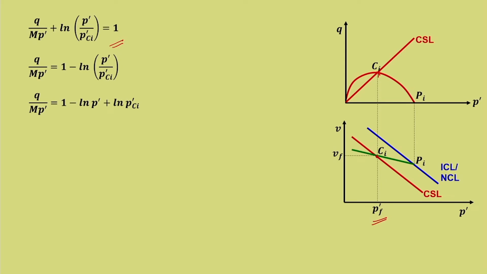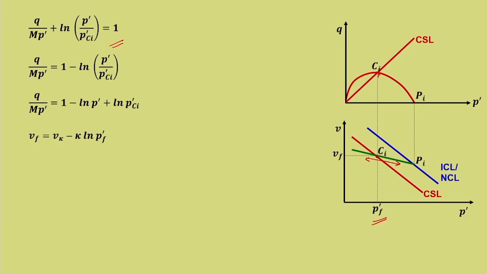It also means it is p'f. Now, p'f is the same as p'cs. From this we can always write Vf is equal to Vκ minus κ ln p'f. Why? This point lies on this particular line as well. Now, how do we represent this loading-unloading line?